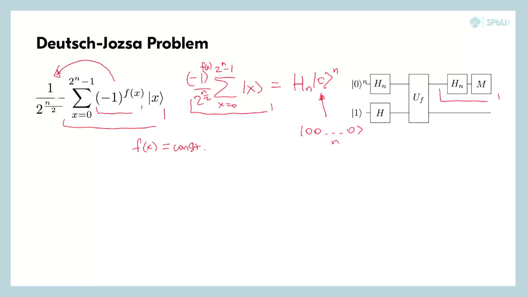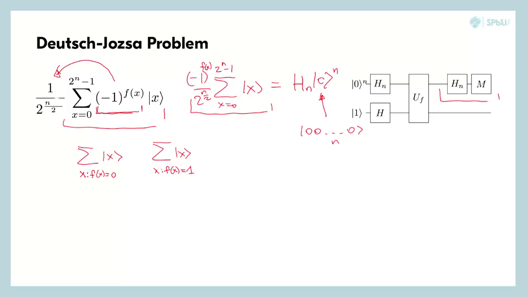Okay, now if function f is not a constant, now it is balanced, then we have two types of coefficients here in this sum. And we can split this sum like this, by the value of the function.